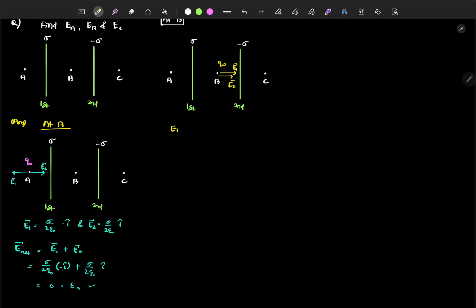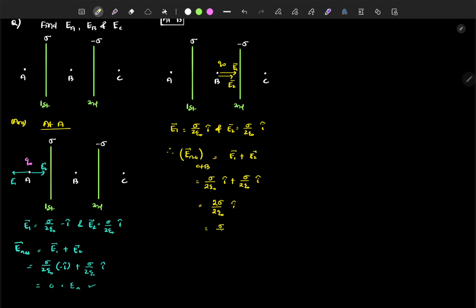E1 vector is sigma by 2 epsilon naught I cap, and E2 vector is also sigma by 2 epsilon naught I cap. E net vector at B is E1 plus E2, that is 2 sigma by 2 epsilon naught I cap, that is sigma by epsilon naught I cap. This is the answer.